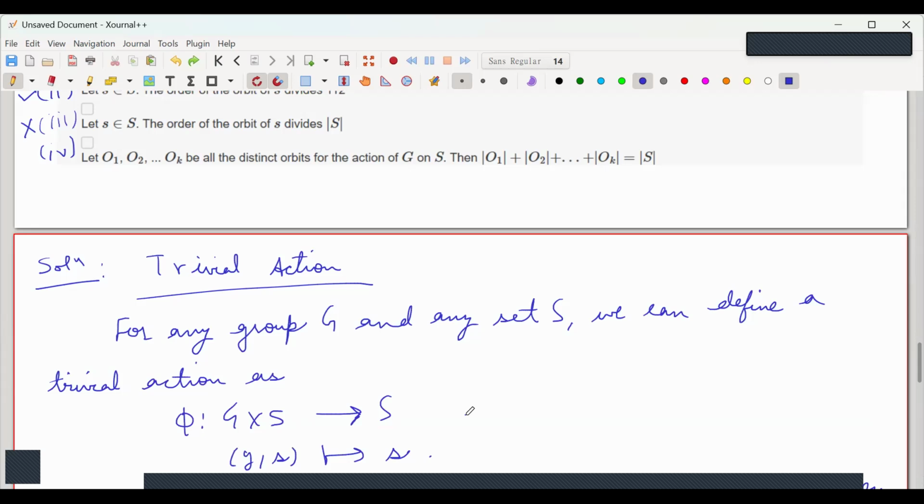So, how to prove it? What if we take the action of Sn, the permutations on n symbols, on the set 1 to n? Sn acts on the symbols 1 to n. Then what will be the orbits?